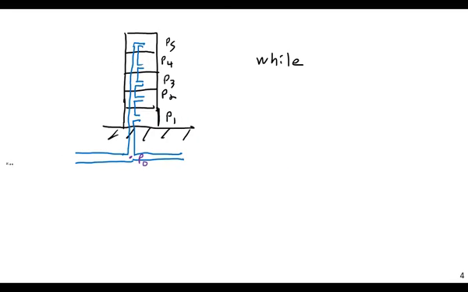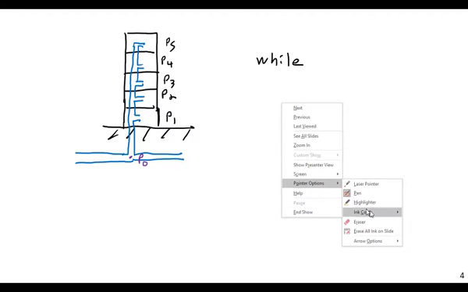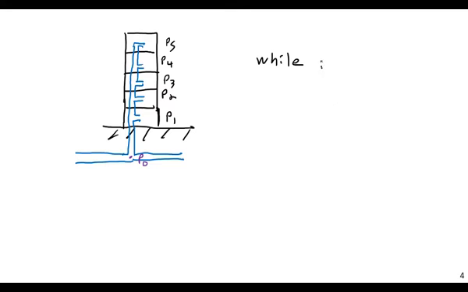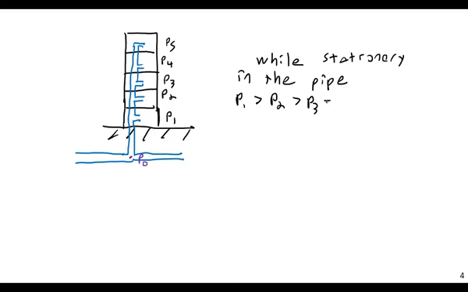This is the pressure of the pipe through the entire neighborhood or something. While stationary in the pipe, P1 will be greater than P2, will be greater than P3, will be greater than P4, will be greater than P5.